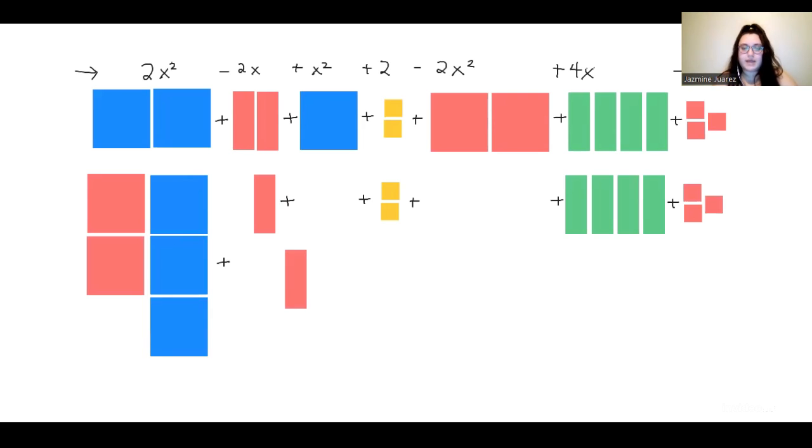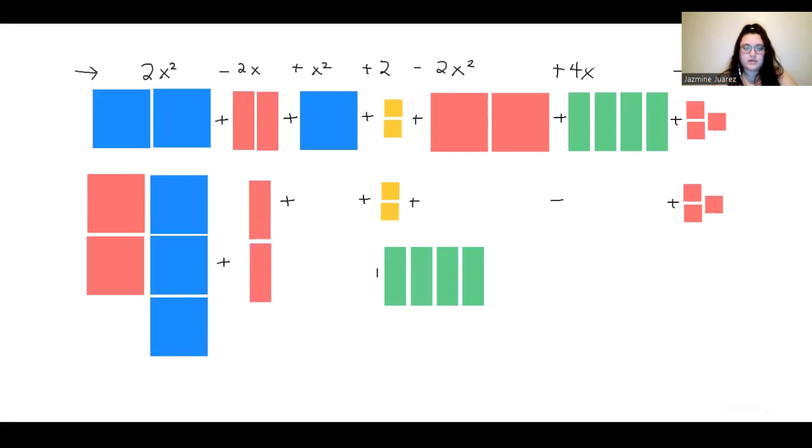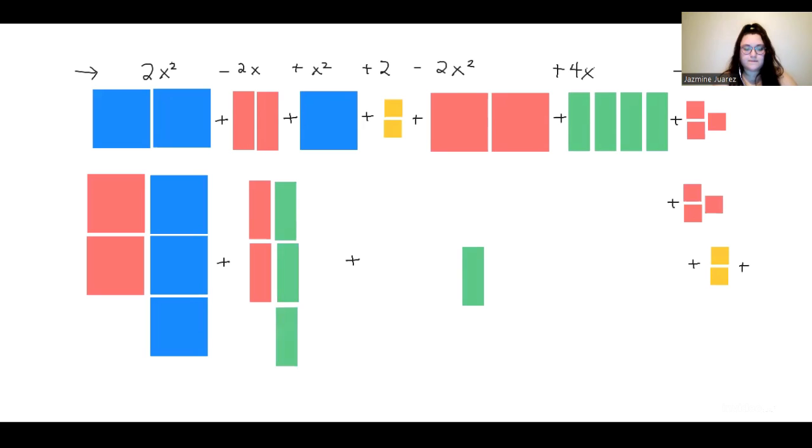Now I want to put all of my x tiles together. So I have this one, and then all these 4 right here. And then I'm going to move everything else over here. I'm going to run out of space, so I'm actually going to put this one up here.